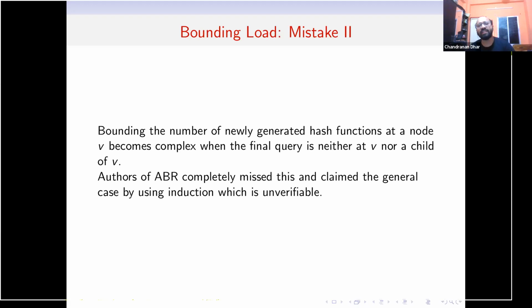And it is also relatively easy when the final query is at a child of V. But when the final query is further away in the subtree of V, bounding the number of newly generated hash functions is not very easy. I don't know why, but the authors of ABR do not discuss this, and they just claim the result using an inductive argument which we could not verify.